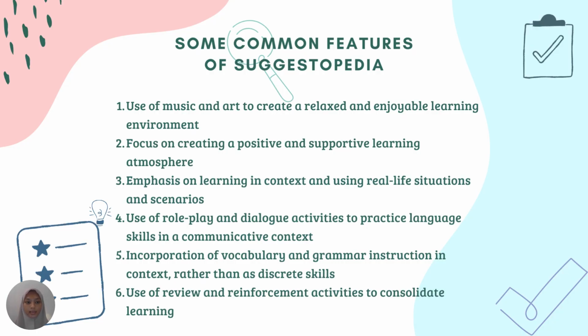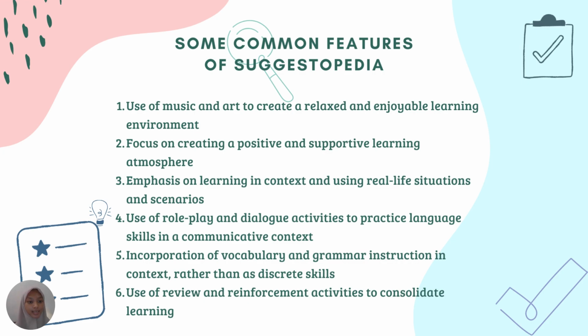And the next is common features of Suggestopedia. There are some common features that can be found in Suggestopedia-based teaching. For example, the first is the use of music and art to create a relaxed and enjoyable learning environment.